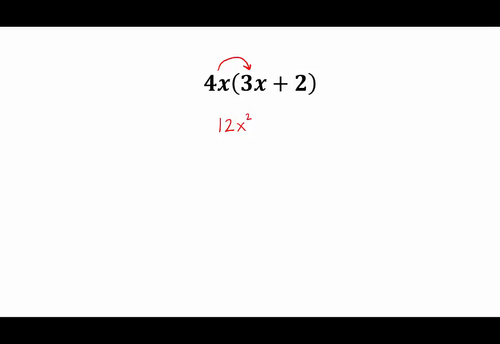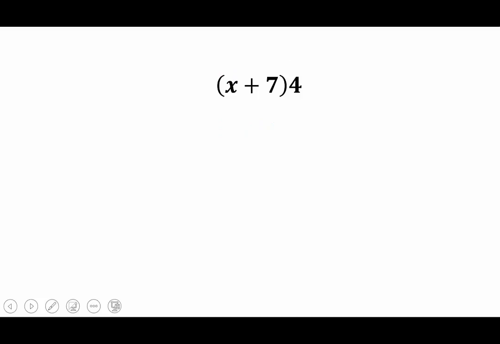And again, 4x times the second value in our quantity, 2, plus 4 times 2 is 8, and we still have that x.